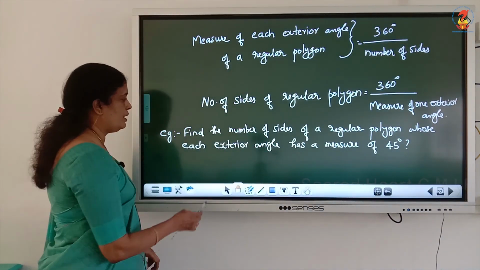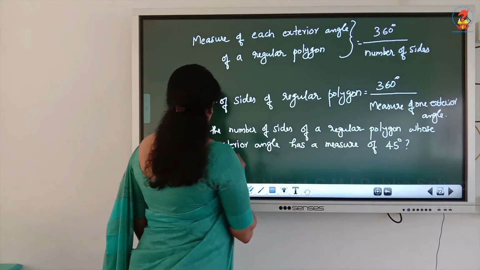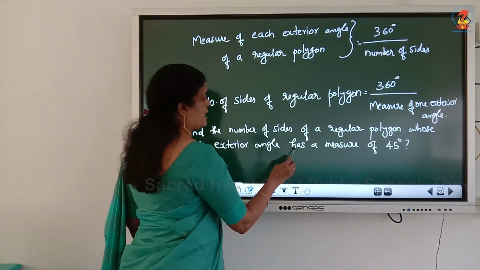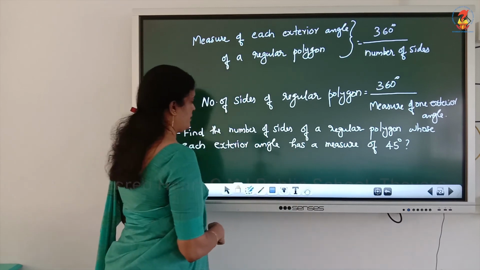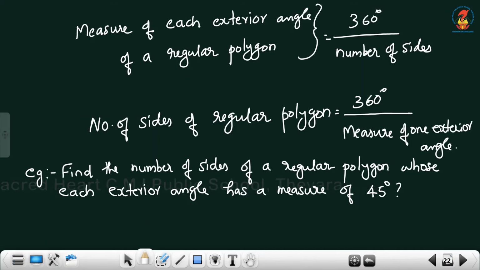Okay. For example, find the number of sides of a regular polygon whose each exterior angle has a measure of 45 degree. Here one exterior angle is already given as 45 degree. We have to calculate the number of sides. How can you calculate the number of sides?